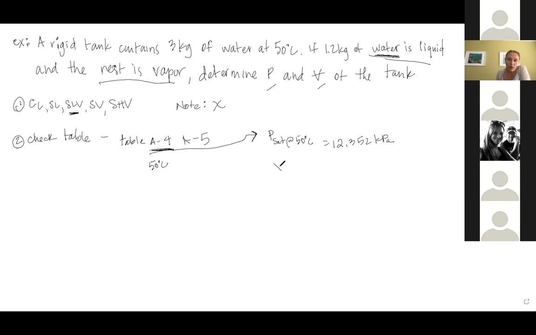So my specific volume at this temperature for my saturated liquid is 0.001012 cubic meter per kilogram. And my saturated vapor specific volume is going to be 12.026 cubic meter per kilogram. And that's pretty much all the pressure and volume information that I can find out from this problem.